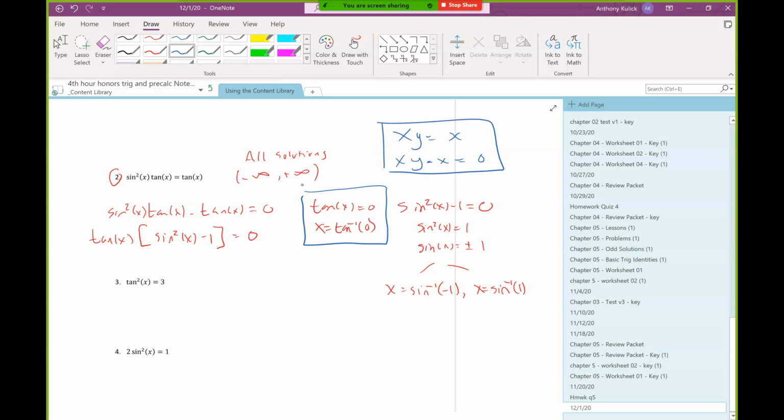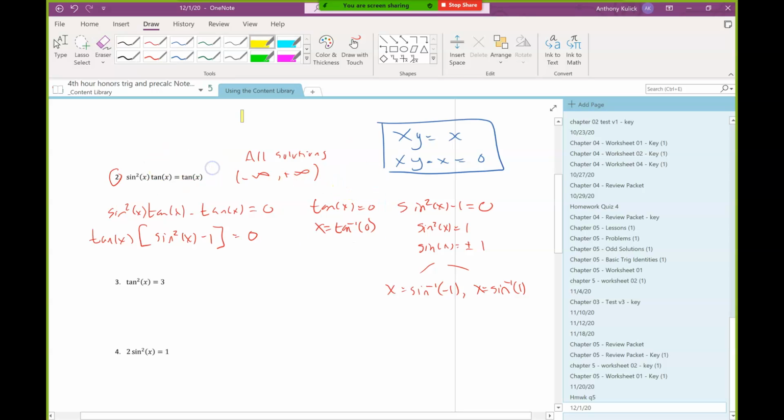So you don't want to do the division because you're really losing solutions when you do that. It should be easy to see that if tangent is 0, then you have a solution, right? Because anything times 0 is equal to 0. So those are solutions. You'd lose those if you had elected to do that as your first step. So you don't want to do that.